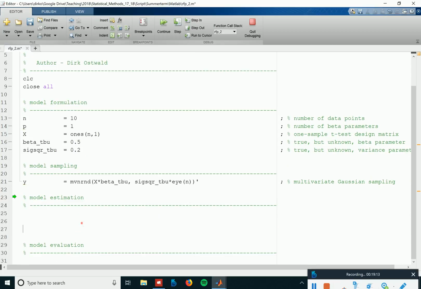Okay, and then we want to do a t-test. Which quantities go into the formula for the t-value? We need our beta estimate and variance. X transpose X inverse.